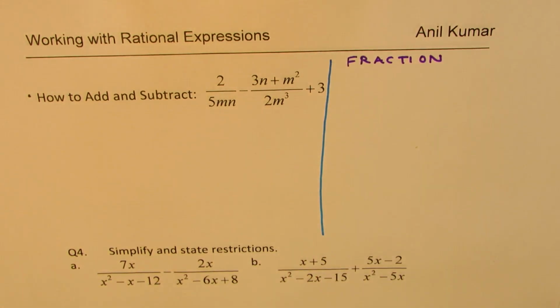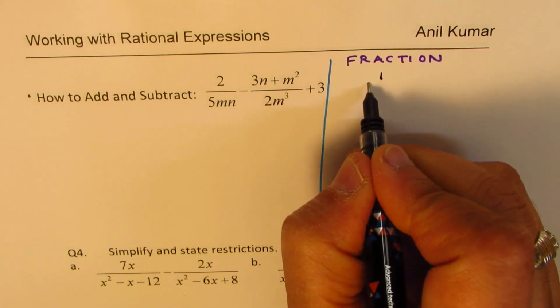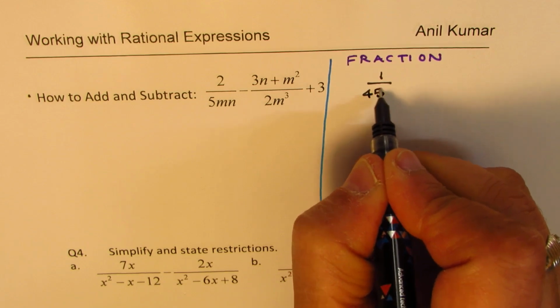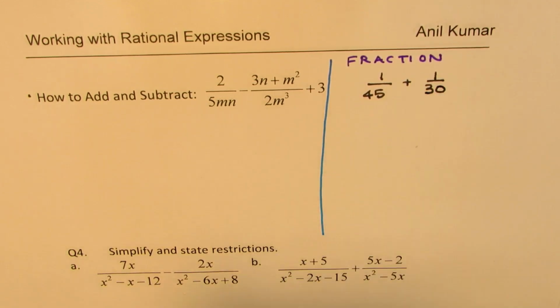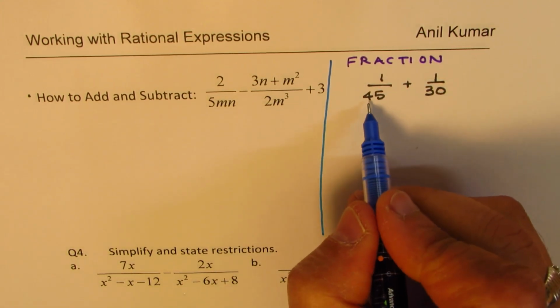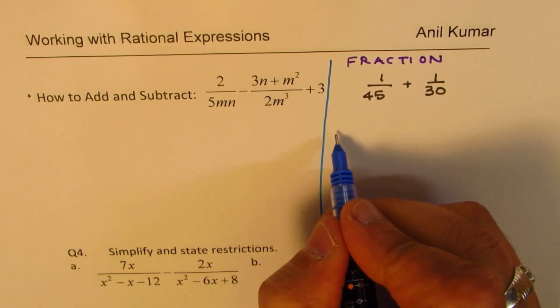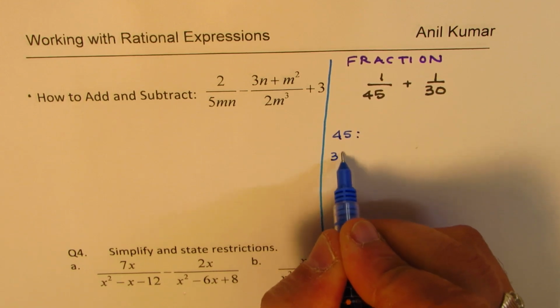So let me take an example here. Let us say we want to add 1 over 45 with 1 over 30. Right? How do we do that? Well, step number 1 for us is to find factors of 45 and 30, right? So what are the factors of 45 and what are the factors of 30?